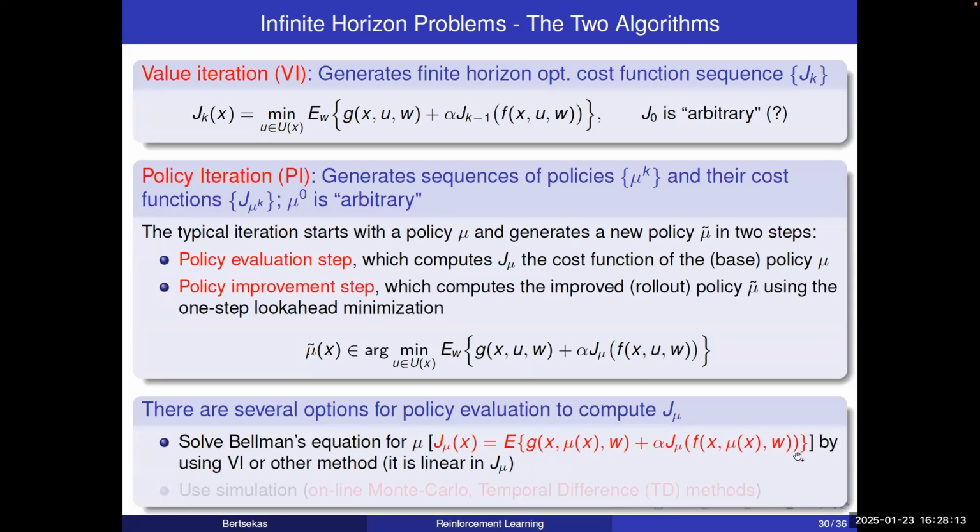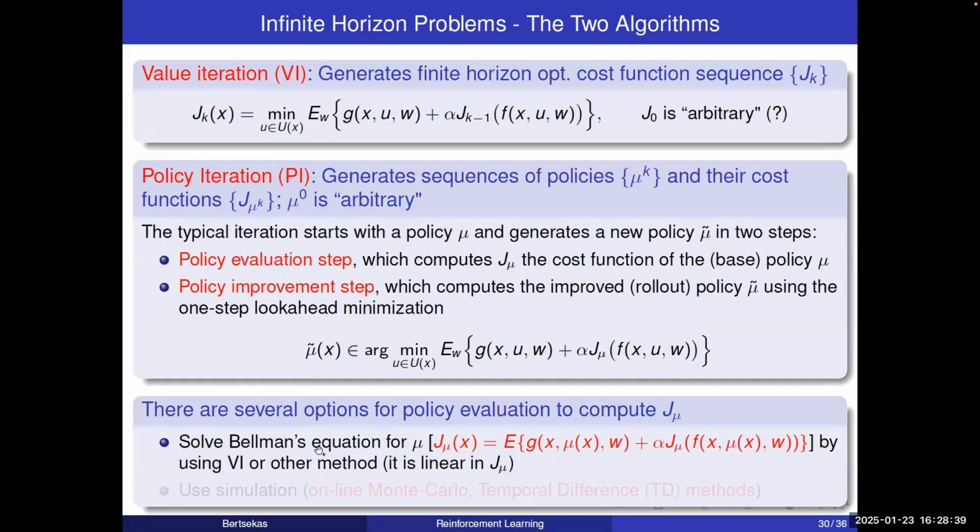And how do we compute J mu? One way is to perform value iteration with respect to this policy. Essentially, drop this minimization here and use mu. So start from some J0, drop the minimization, perform this value iteration, and eventually it will converge to J mu.